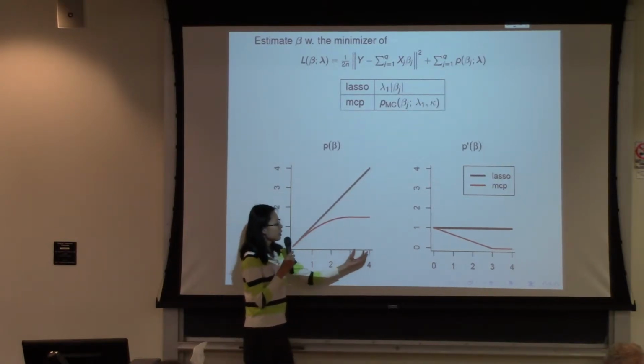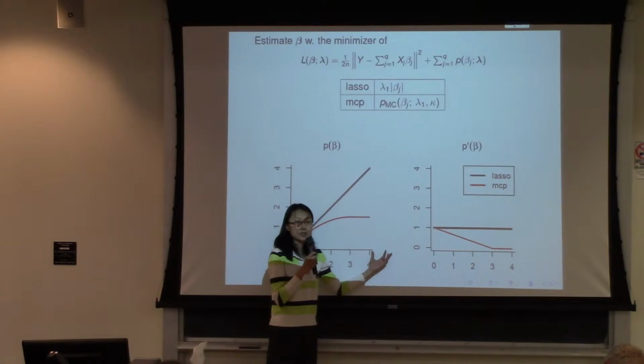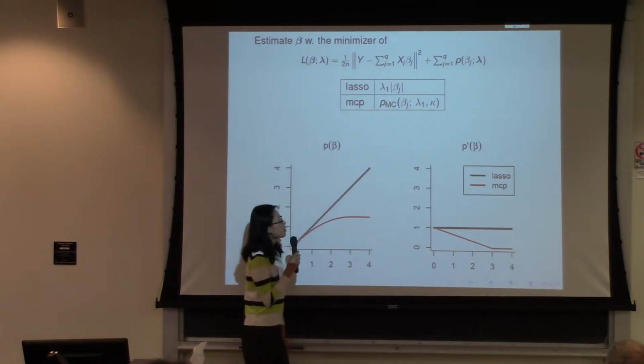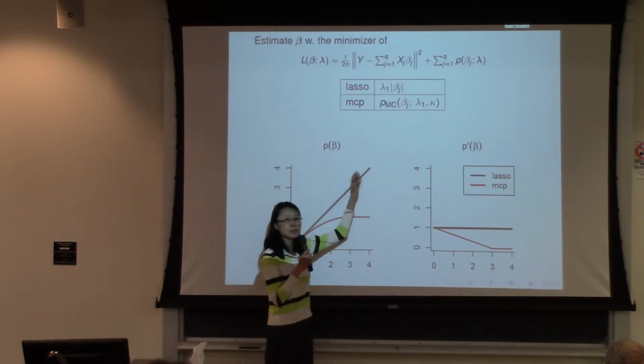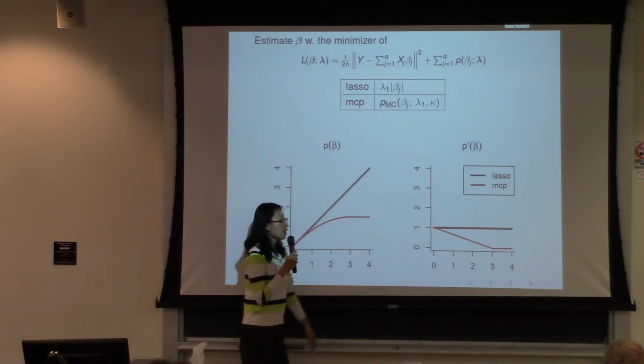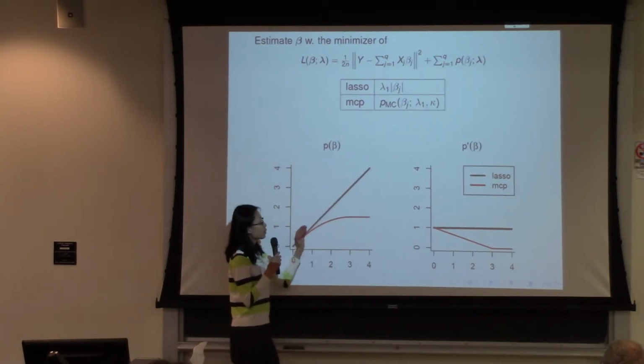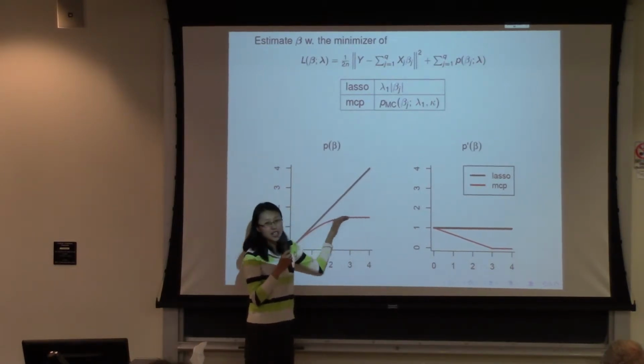But think about when the beta is really large, that actually represents this predictor is very useful in doing prediction. There's a lot of signal in here, and you don't really want to penalize it that much. Okay? When beta are large enough, you want to give it an easier time.